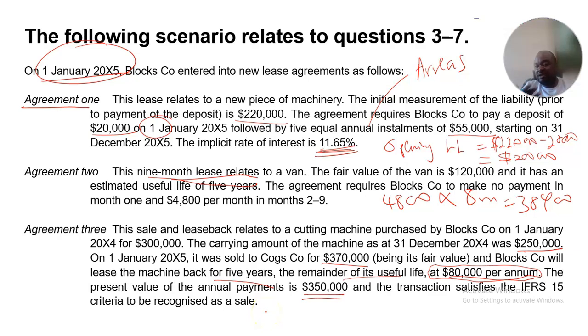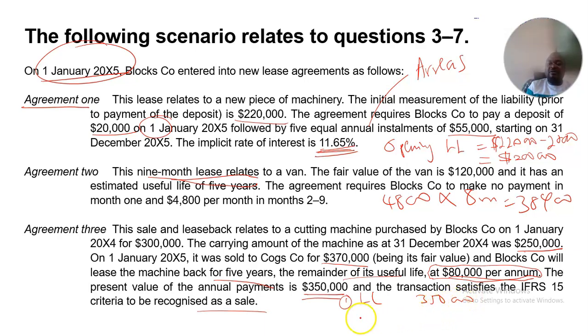So the examiner has calculated the lease liability for us. The transaction satisfies the IFRS 15 criteria to be recognized as a sale, so we are home and dry. We now have our lease liability, which is the first stage. It is 350,000.